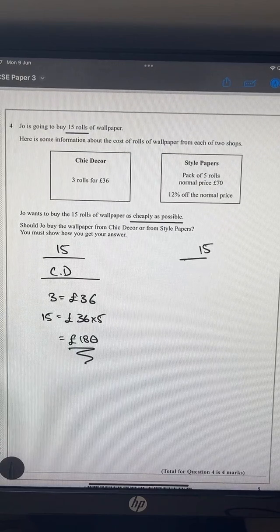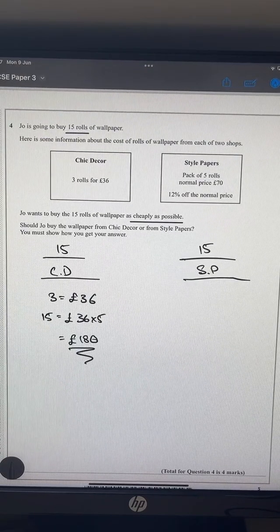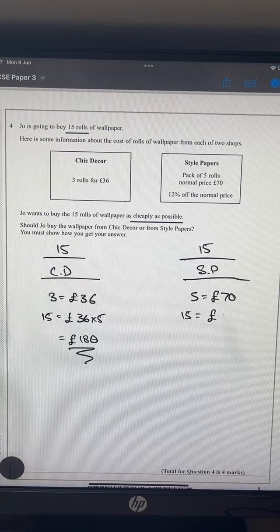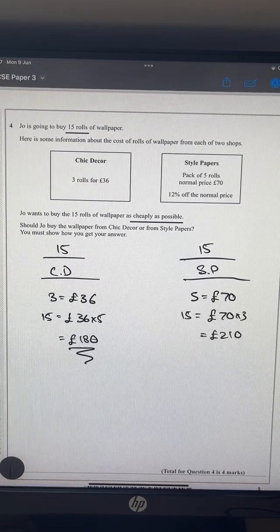Now, she wants 15 from both places, right? So Style Papers, it's also going to be 15. So we know 5 is going to be equal to £70. She wants 15. I'm just going to do 70 times 3, which is going to be equal to £210. But that's not it, remember? Then they also have 12% off the normal price.